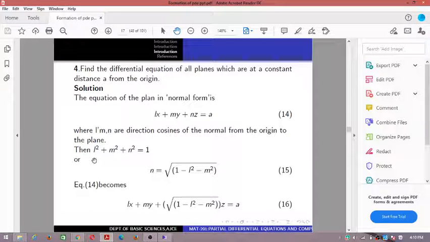Then we have the relation between them as L square plus M square plus N square is equal to 1, from which we can write N is equal to square root of 1 minus L square minus M square. Now we substitute the value of N in equation 14. We get Lx plus My plus root of (1 minus L square minus M square) into z is equal to a.